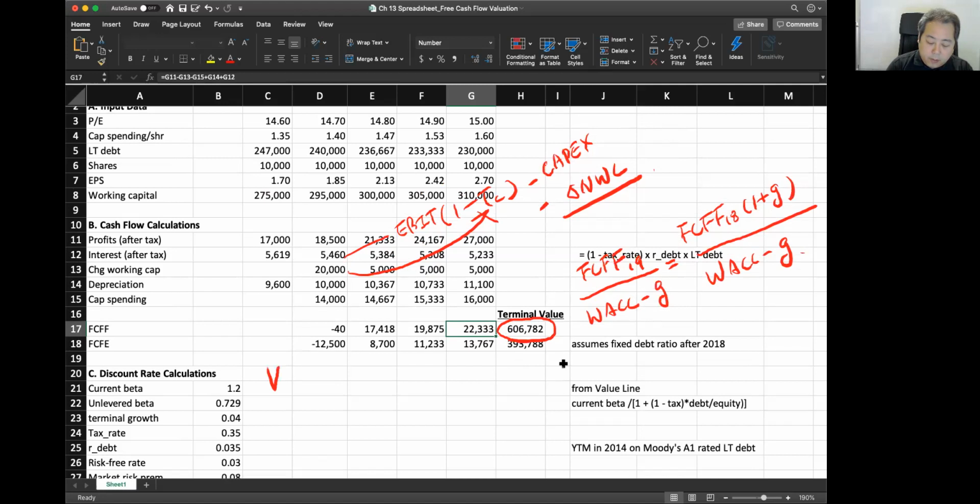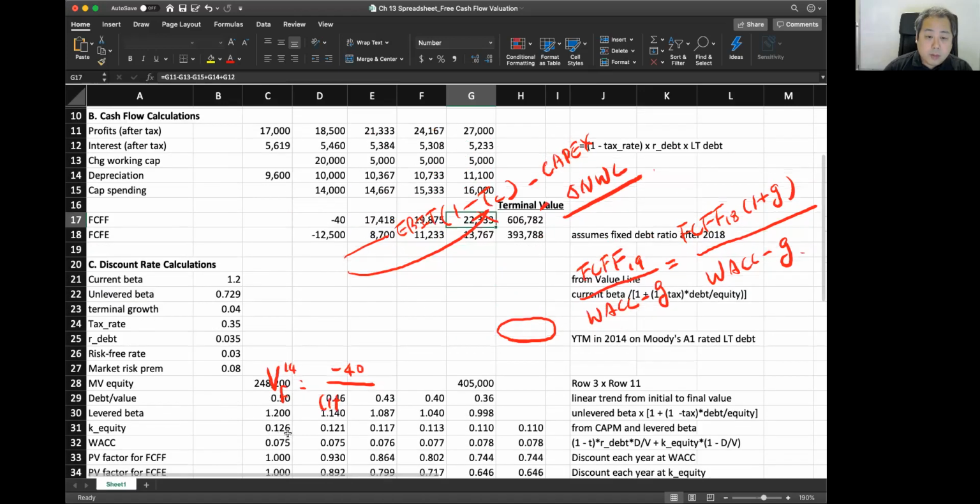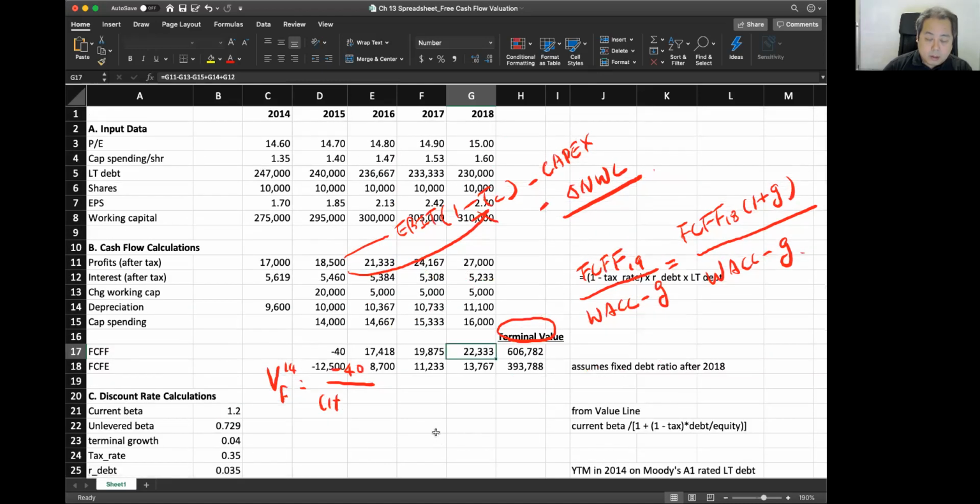So the value of the firm in 2014 equals to, first year's free cash flow divided by 1 plus WACC. So WACC is what? WACC is, I believe there's a WACC. Oh, WACC keeps changing actually. So WACC plus 17,418. Second one, 1 plus, say, WACC squared, 19,875. 1 plus WACC to the cube plus 23,333.